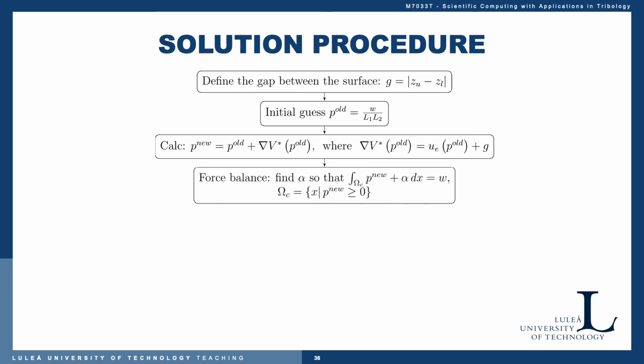So we can pose our new pressure in terms of the deformation, Boussinesq's deformation, which we can compute, and the input function, which is the gap between the surfaces, G. Then we carry out the force balance iteration by shifting the pressure up and down with an alpha until we find the alpha that summed with the pressure actually integrates to the applied load.